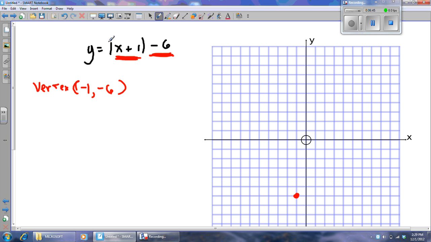And since there's no number in front of the absolute value, I use a slope of 1 for the right half and a slope of negative 1 for the left half. And I am ready to draw my V. There you go.